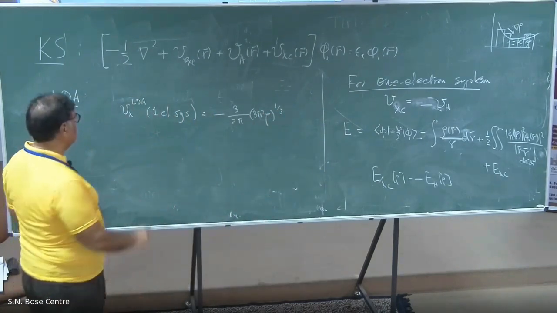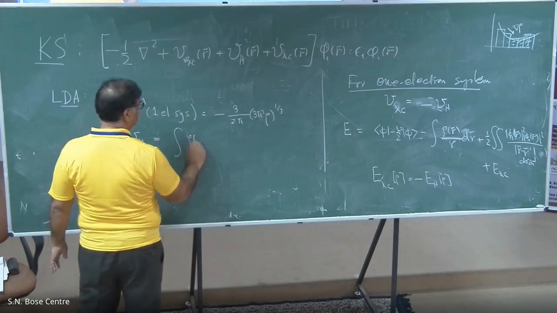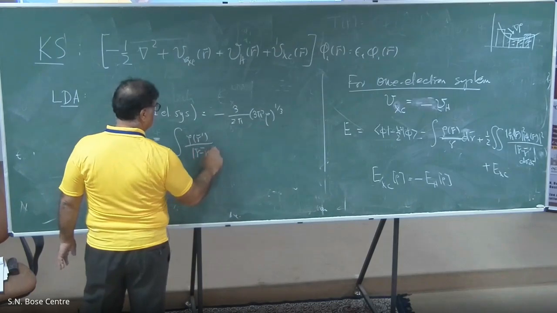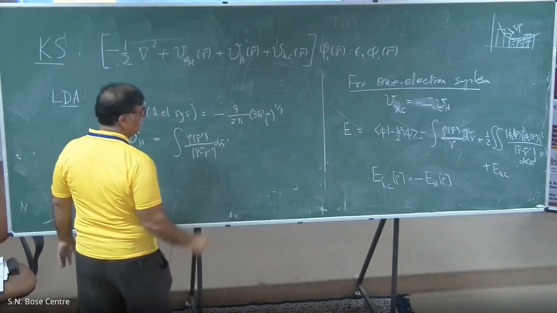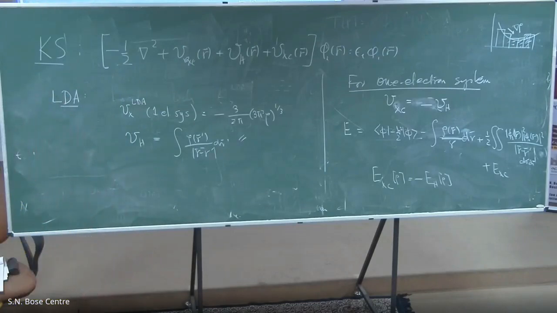Is it equal to integration rho r prime over r minus r prime dr prime? Can these two be equal? You can see the sign. Is there any reason for them to be equal?